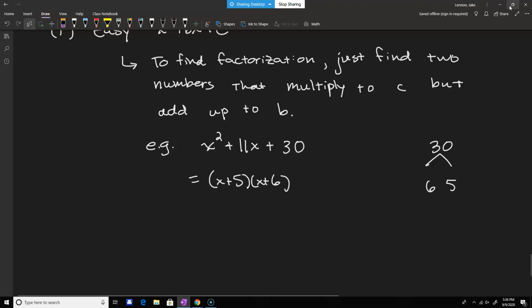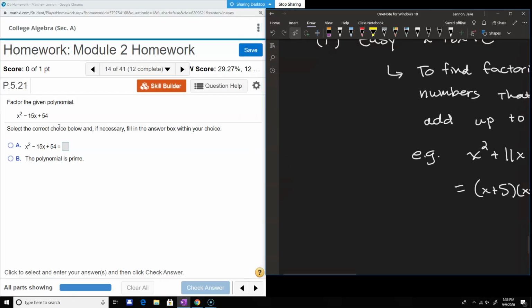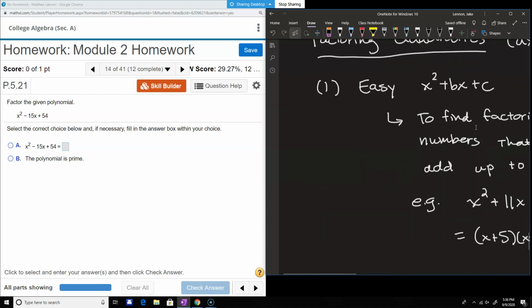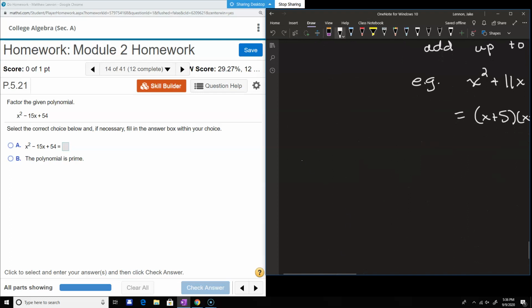So, if we go back to the one here, so this example is, did I already do the, oh, no I didn't. So number 14, we have x squared minus 15x plus 54.